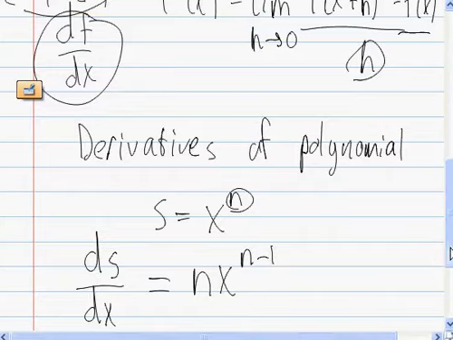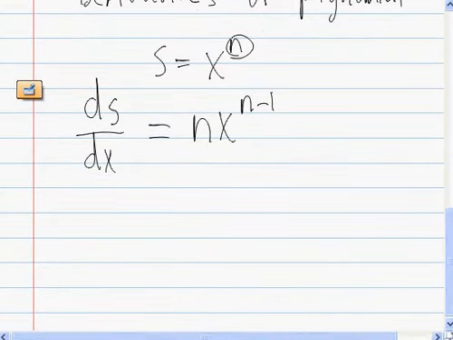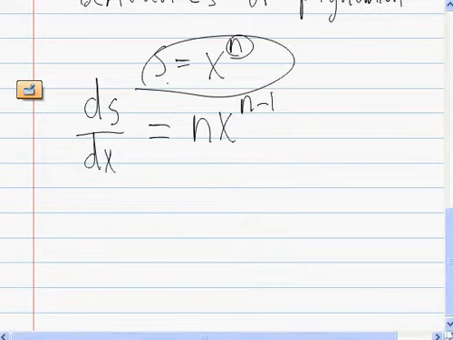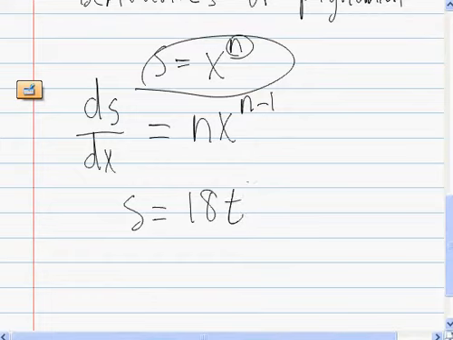So let's say that usually we're going to do these things in terms of time, at least initially. So we'll have, say, s equals 18t cubed. Well, we're just doing ds dt.